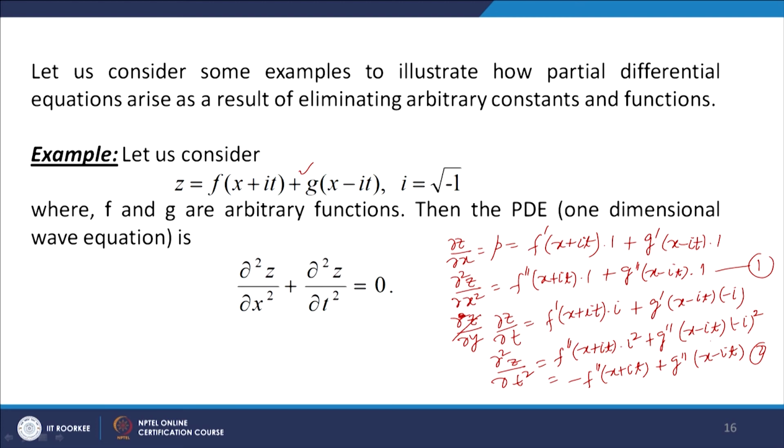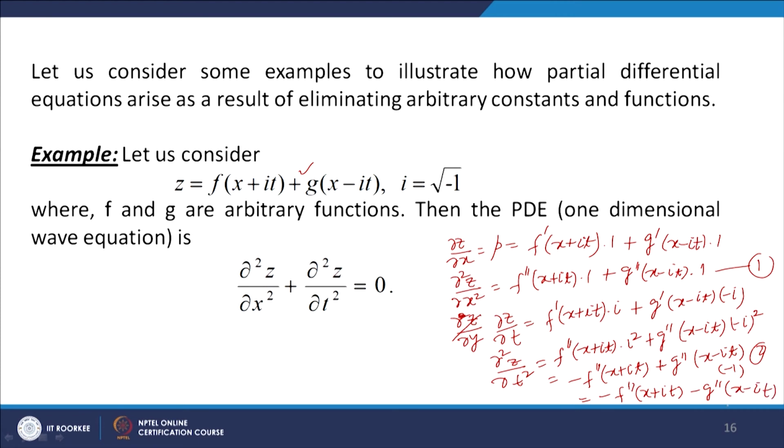So, when you add 1 and 2, okay, we have, this will be I square, this is also minus 1. So, we get minus f double prime x plus I t minus g double prime x minus I t.